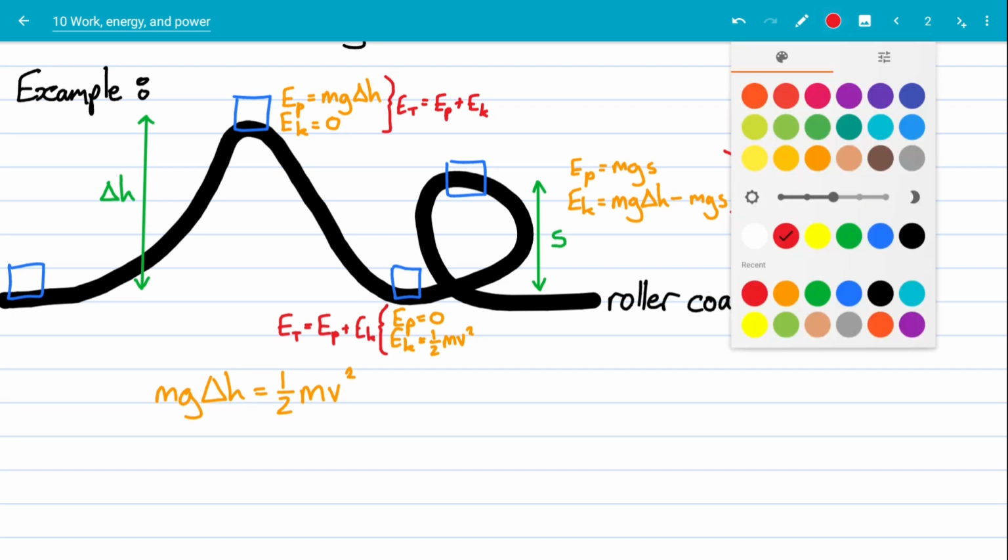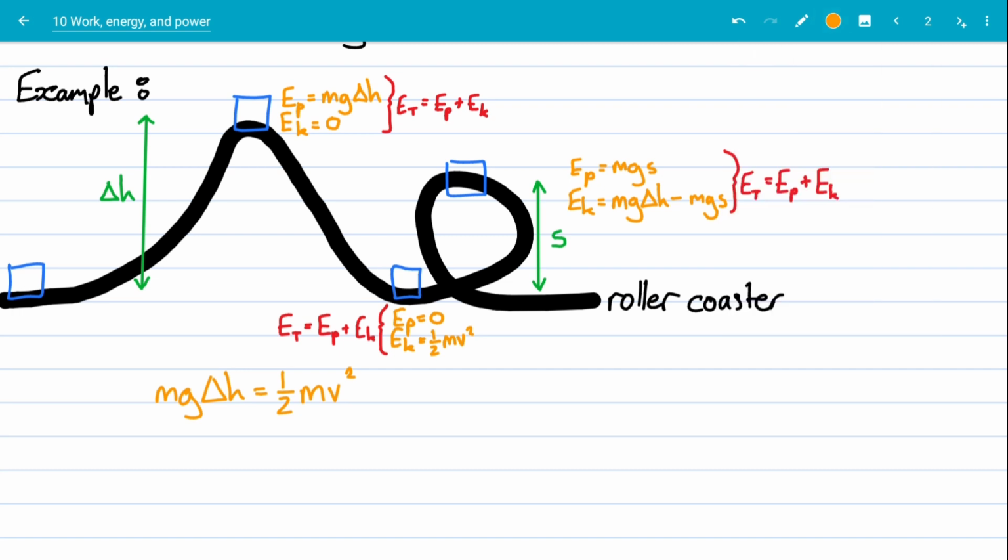So now our equation starts looking like, where is it? Total energy is still the same as what it was. So mg delta h is going to be equal to our potential energy, mgs, plus our kinetic energy, half m, well now it's v squared. And so we can use that to calculate what our new v is, if we wanted to.